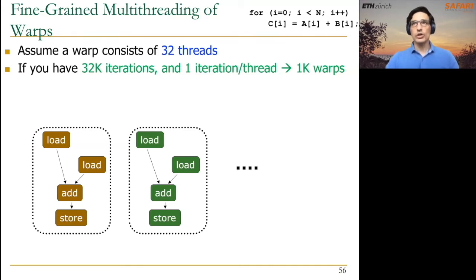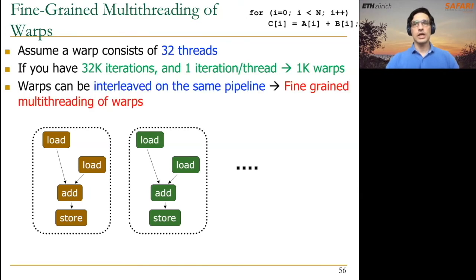This means that we are going to need 1K warps, 1024 warps. And we probably don't have in our GPU SIMD units to execute all these warps at the same time. So that's why our SIMD units are going to be pipelined, and on this pipeline, we are going to execute these warps or the instructions from these warps in an interleaved manner. This is what we call the fine-grained multi-threading of warps.